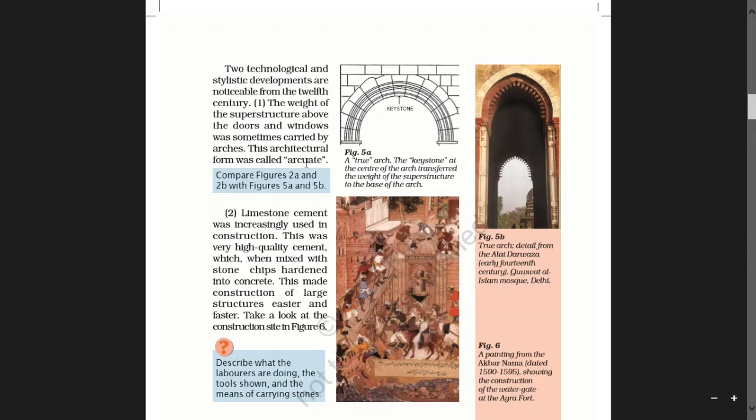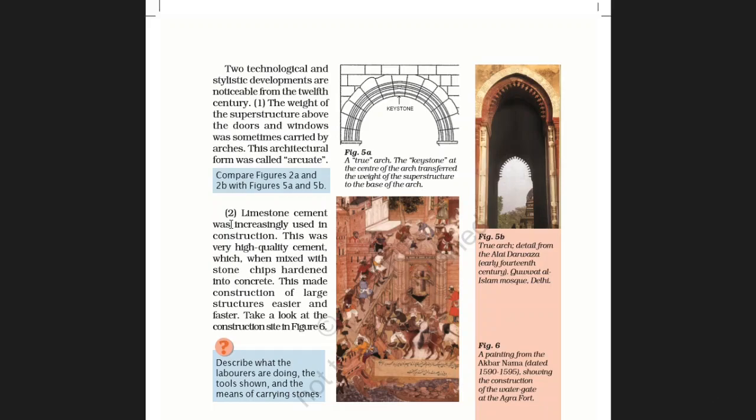Architectural means relating to the art or practice of designing and constructing buildings. Then the form was called arcuate. Arcuate means curved. Compare figures 2a and 2b with 5a and 5b. Okay, what is the difference you find between 2a and 2b with 5a and 5b.